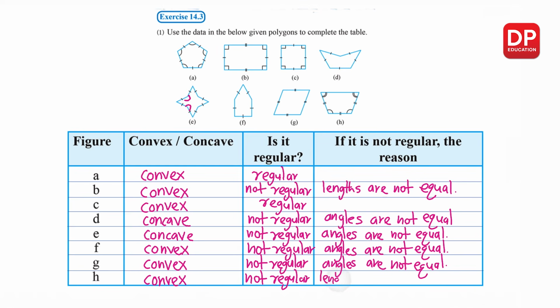Lengths and angles are not equal. Both are not equal, lengths as well as angles.